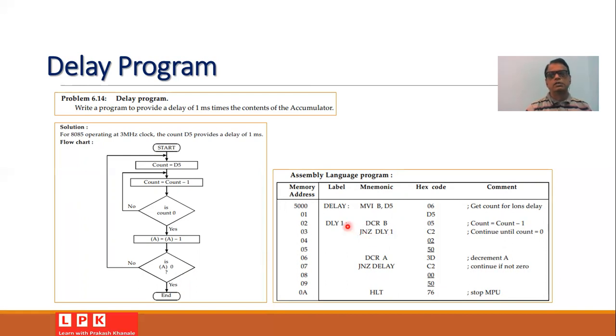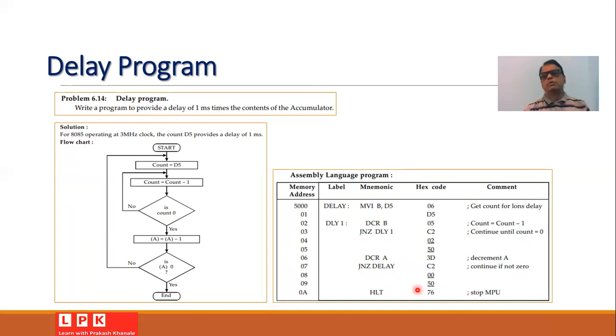This instruction will have the address 5002, and therefore the hex code is C20250. Then we will decrement A, and again check if it is 0, jump if not 0, to DELAY, that is the first outer loop, for which the address is 5000. Therefore here we will write the hex code C20050, and the final instruction will be halt, that is 76.